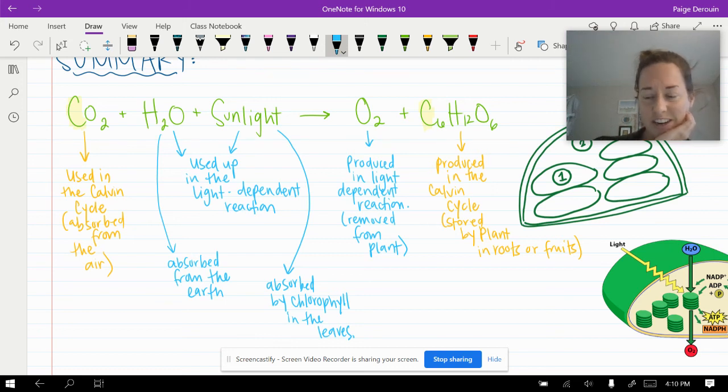Now, what's kind of crazy about this is that because green light is reflected by chlorophyll, if you put a plant under just a green light, it actually can't do photosynthesis because all of the light gets reflected back. So plants do the best photosynthesis under either a red light or a blue light, which is crazy to think about. You would think green is the best, but it's not because it's getting reflected.